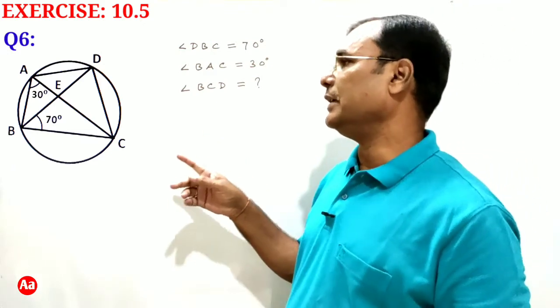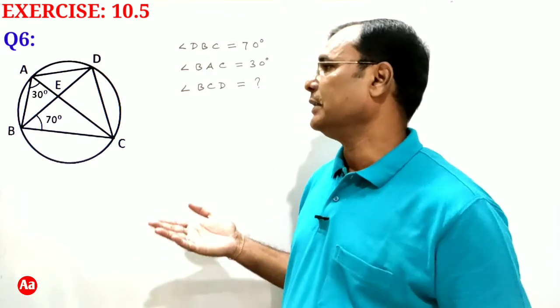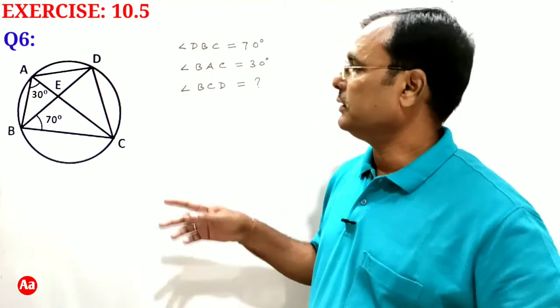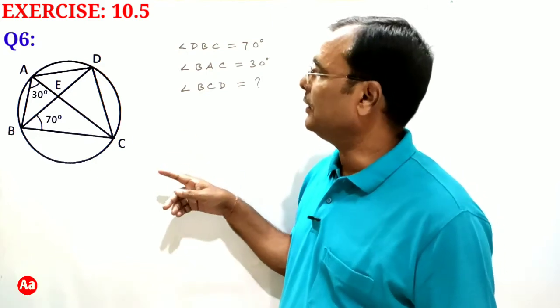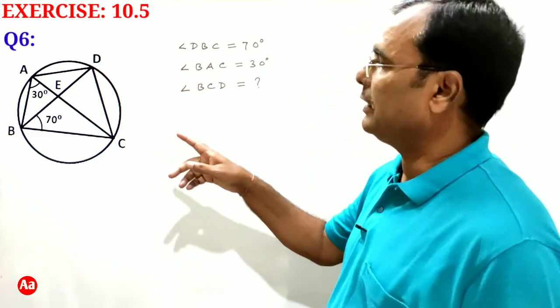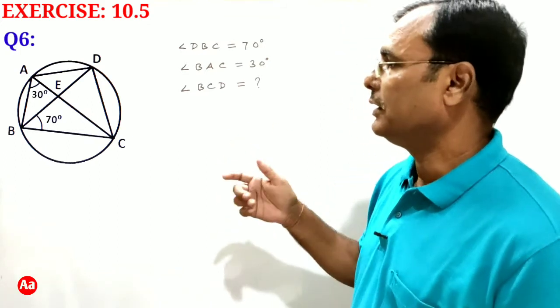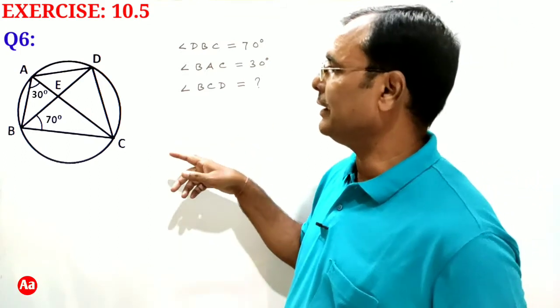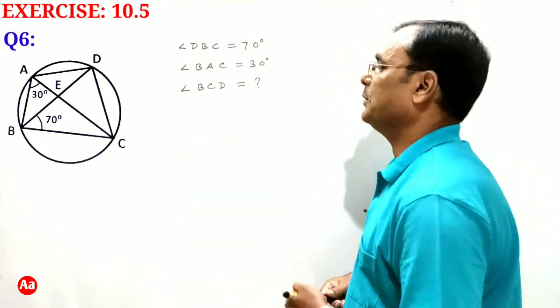Angle BAC and angle BDC, they are angles in the same segment, so they are equal. See in the figure, BC is the chord and angle BDC and angle BAC are angles in the same segment.